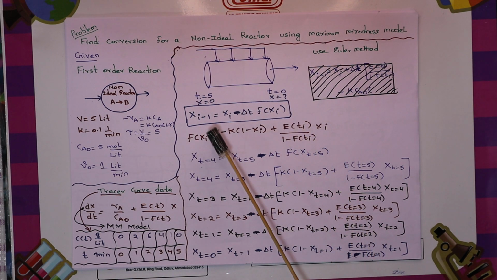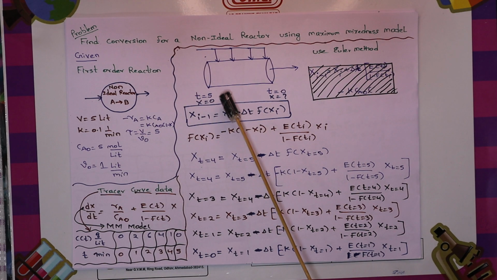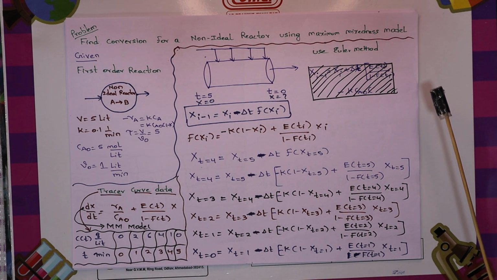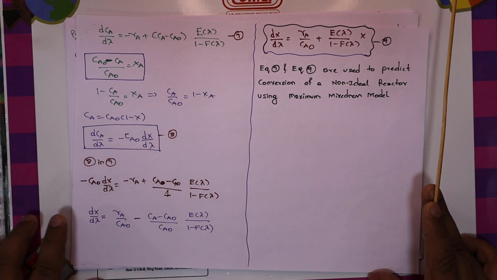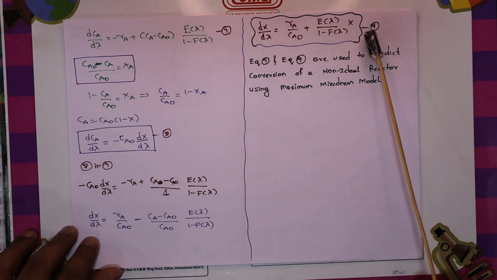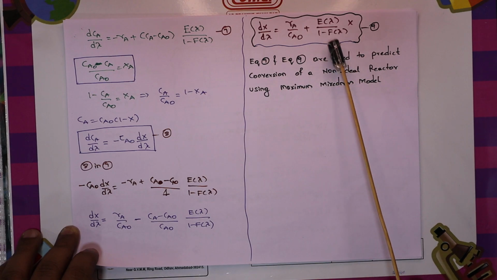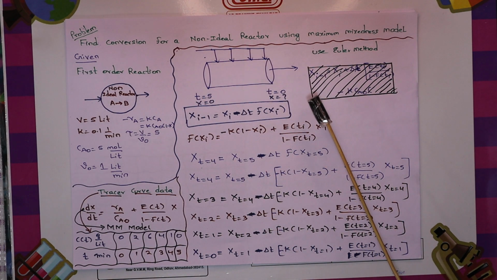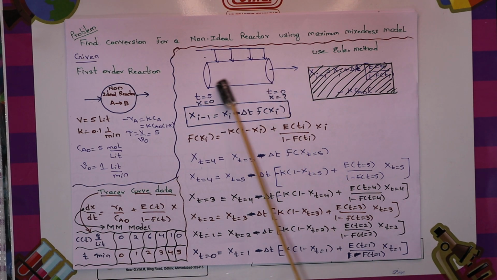That means you have to integrate the conversion from X equal to 0 to X equal to something, where here the conversion is 0 and here it is maximum. So how do we predict the conversion? You need the basic idea of numerical methods, how to solve this equation using Euler's method. That means you have to integrate backwards.